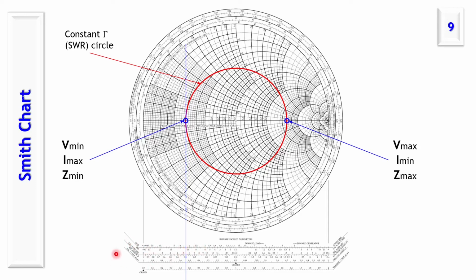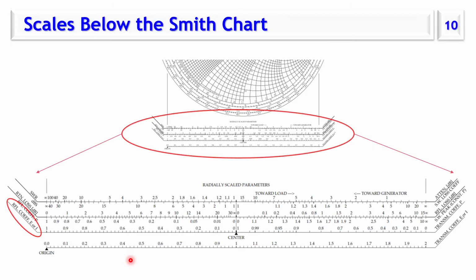The reflection coefficient is on this scale, and it goes from 0. Depending on where this vertical line goes, we'll find the reflection coefficient. The same vertical line here defines the reflection coefficient and the standing wave ratio. If the reflection coefficient is needed in dB, it also can be read from this scale.